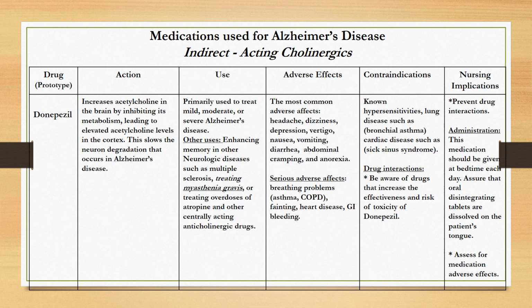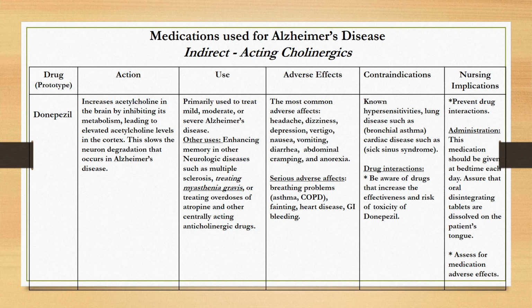Okay, now we're looking at the drugs used for Alzheimer's, and this particular one is donepezil, and it increases the acetylcholine by inhibiting the metabolism of it, and that helps elevate those acetylcholine levels.